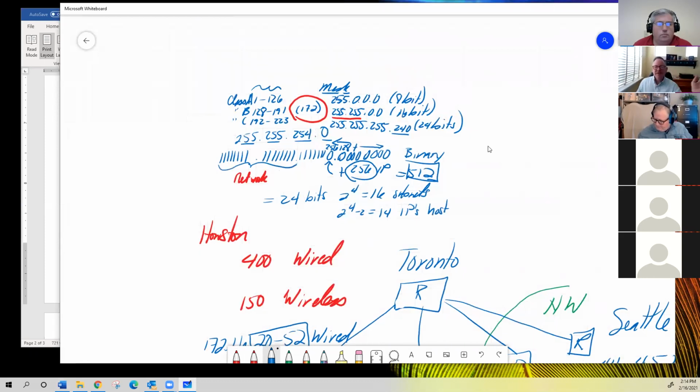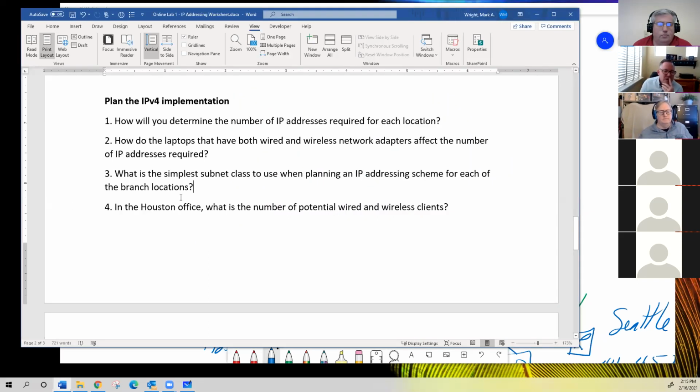Supernetting goes to the left, subnetting goes to the right: with that class C, that /24, 24 bits, going to 25 or 26 bits, or going less, 23, 22, 21 bits. So this can be changed up, and that's what variable length subnet masking is. Assuming you have enough ranges to work with, you can choose how you want to do that. So this is an interesting question. What is the simple subnet class?